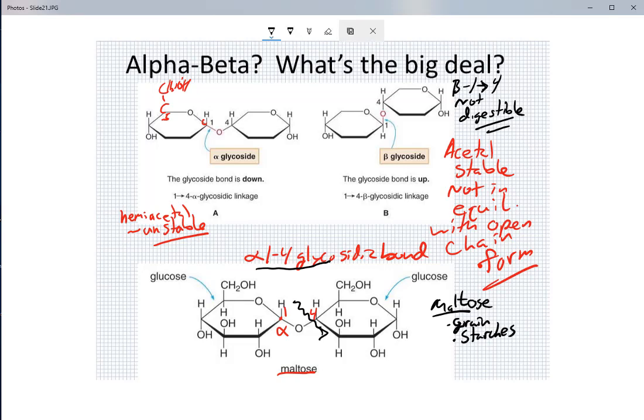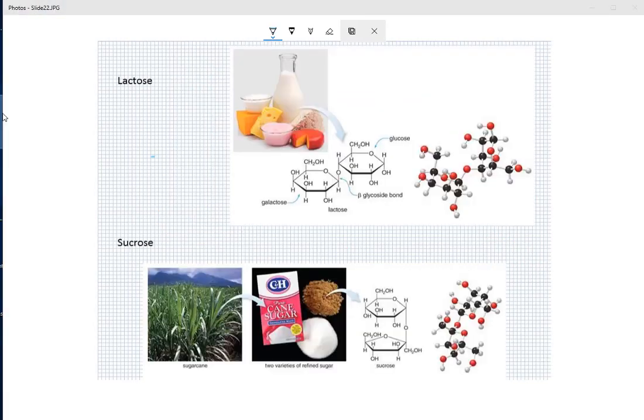That's where you find maltose. Galactose, as the name suggests, you might be familiar with lactose. That's in milk, dairy products. And fructose is found in fruits and sugarcane and honey. As I was saying, lactose comes from dairy, milk, cheese, dairy products.